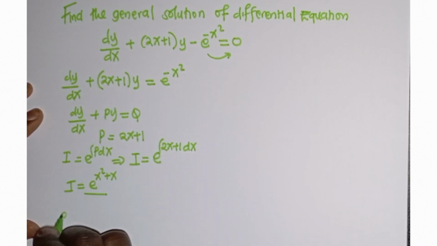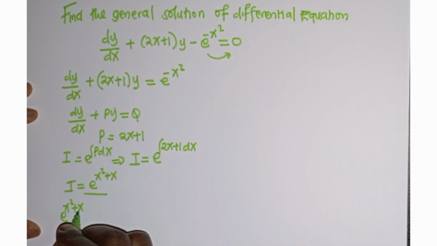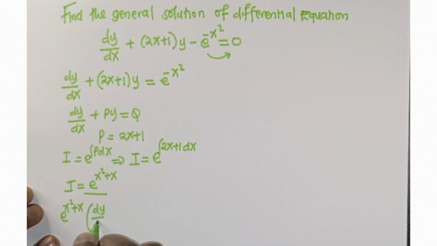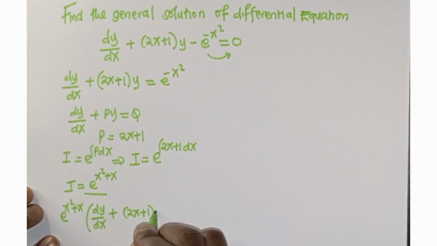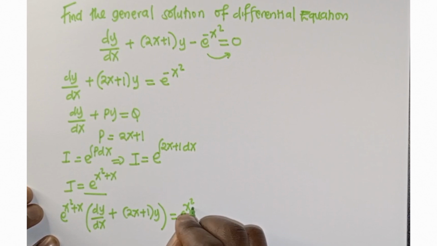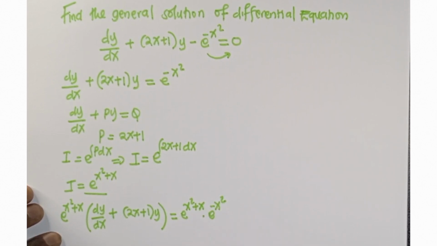So we shall have e^(x² + x) times [dy/dx + (2x + 1)y] equals, we also multiply this side, e^(x² + x) times e^(-x²). Good. So we have that.